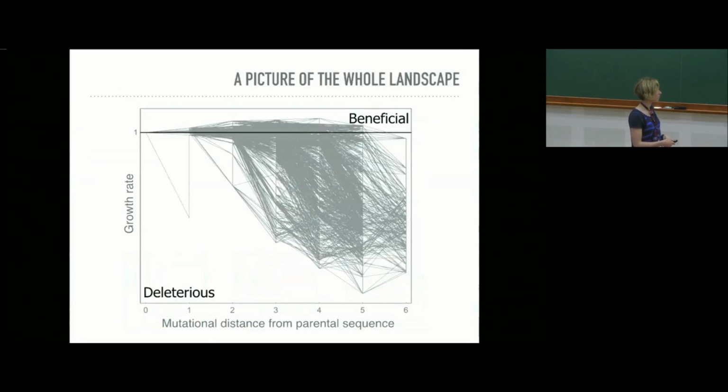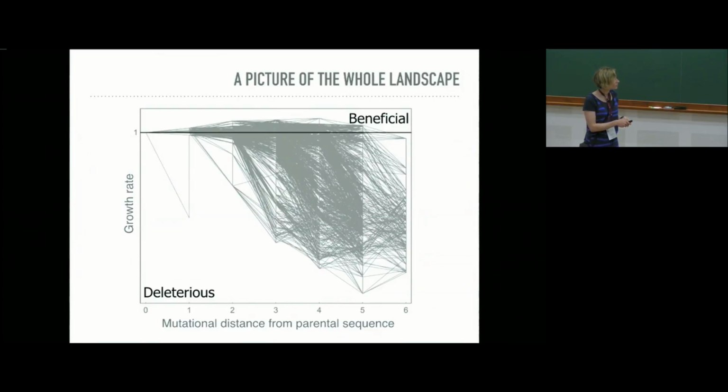So just a quick look at the whole fitness landscape. On the x-axis is the mutational distance from this parental sequence that we have always used as a reference type, and on the y-axis is the growth rate. We start at our reference type, and then we have up to 6 mutational steps. What you can see already is that there were a lot of beneficial mutations, but also a real lot of deleterious mutations.